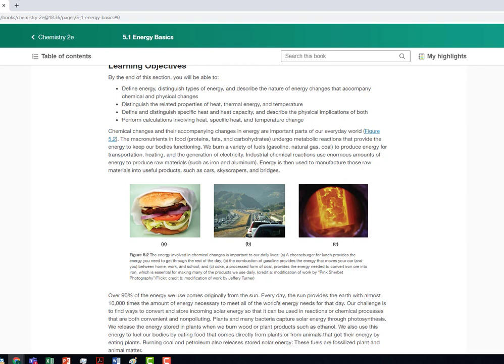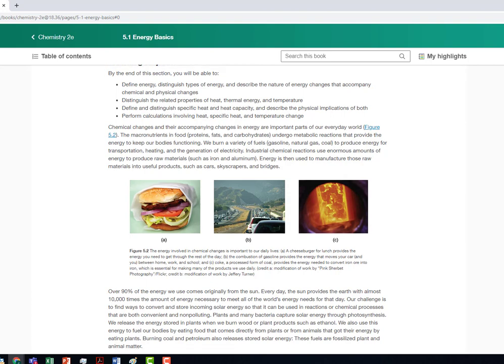Of course, we use energy in our vehicles to get places, and again, a chemical reaction is taking place for that to occur. And then there are processes for refining various things that involve energy to change it from one form into another. So energy is a very important way that we need to consider how matter changes, and we'll be learning that within this chapter.